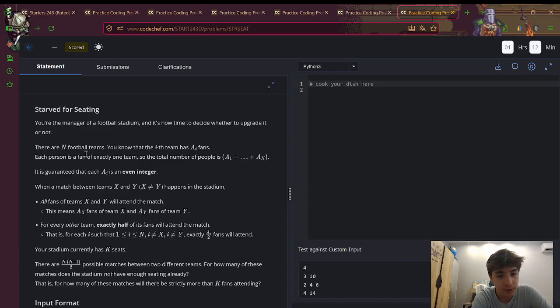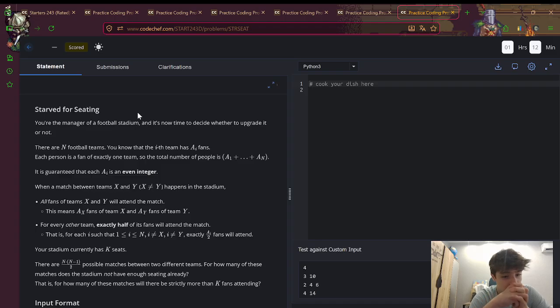There are N football teams. You know that team i has A_i fans. Each person is a fan of exactly one team. It's guaranteed that each A_i is an even integer.